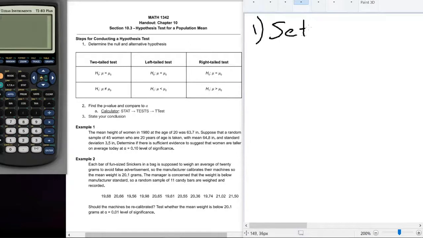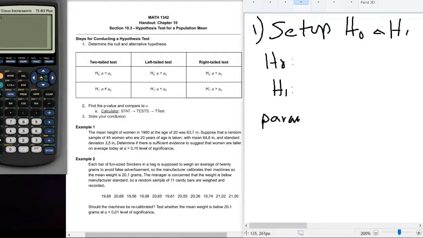set up the null and the alternative. Okay, so for the null and the alternative, we're looking for the parameter of interest. Keep in mind, the parameter will either be p, mu, or sigma. It'll be one of those three that we need to try and identify.